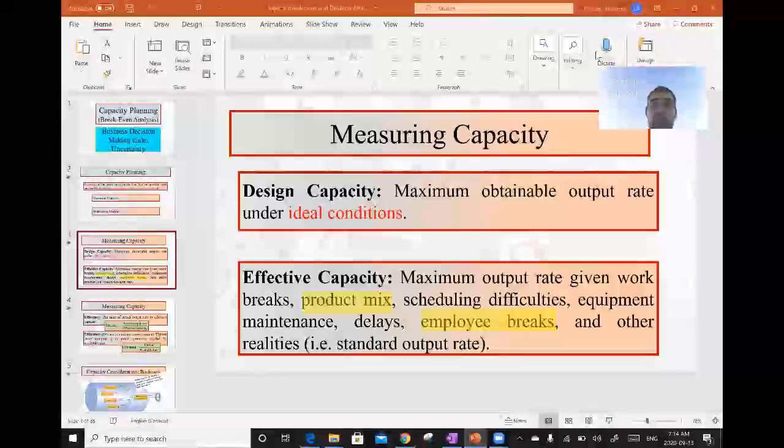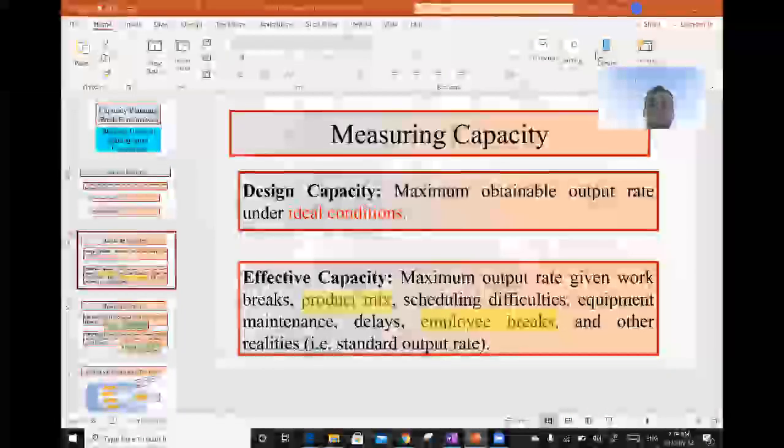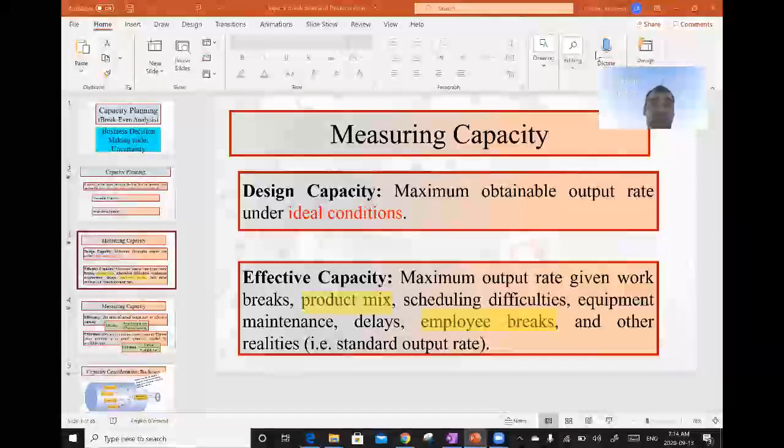So we define design as the maximum output in any system, but that is never achievable. We have something called design capacity, which is basically the maximum output under ideal conditions.